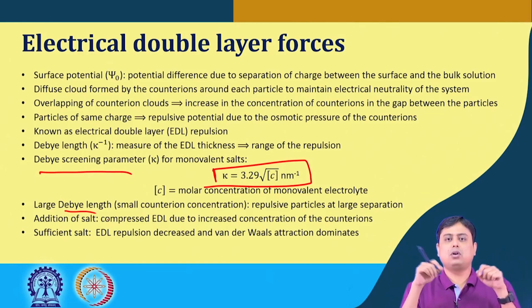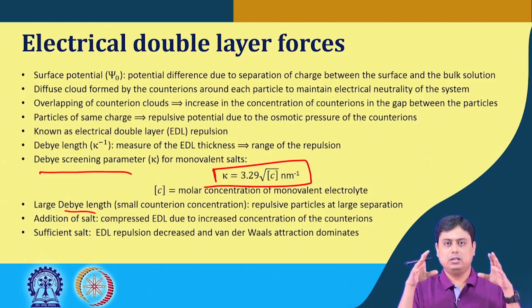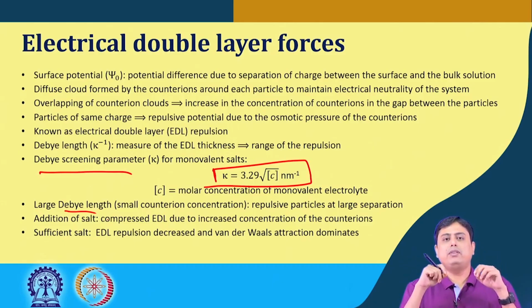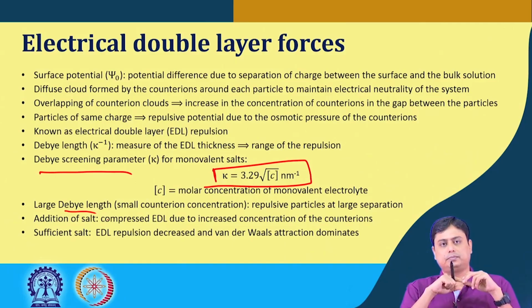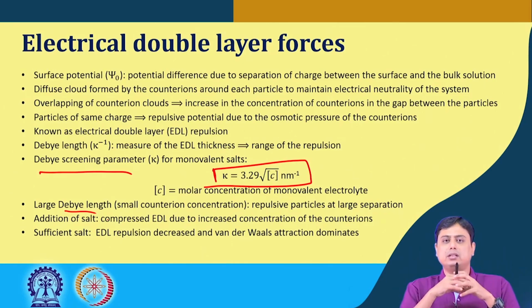Once we add salt, the double layer thickness is compressed because we have increased the concentration of the counter ions. Now if we add a sufficient amount of salt, the double layer repulsion decreases and the van der Waals attraction again dominates.